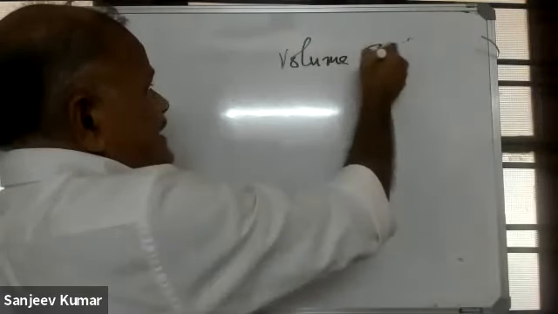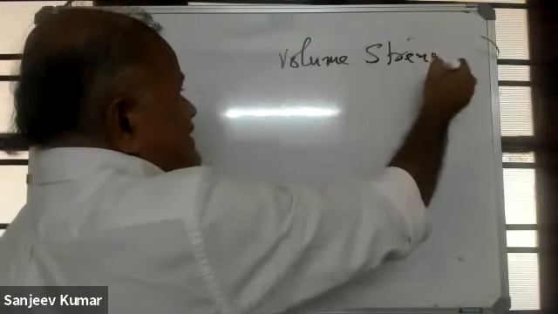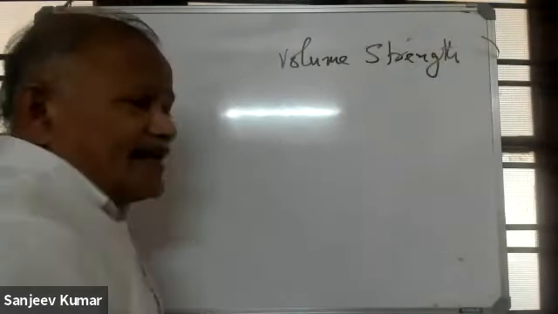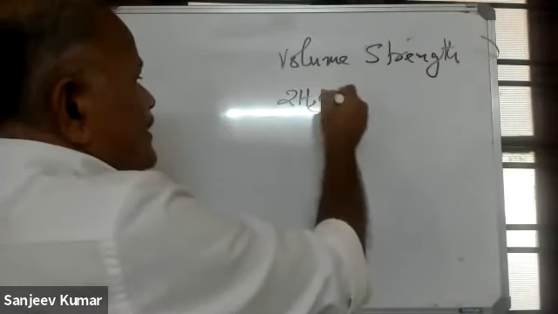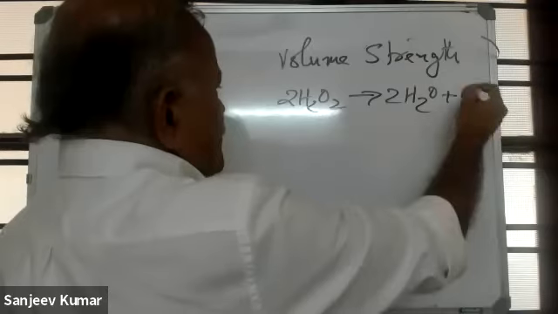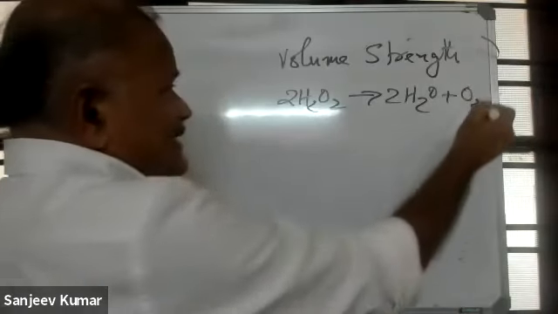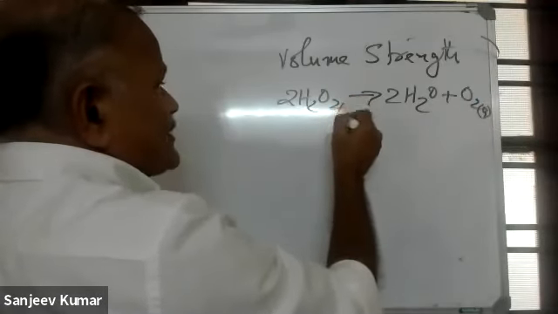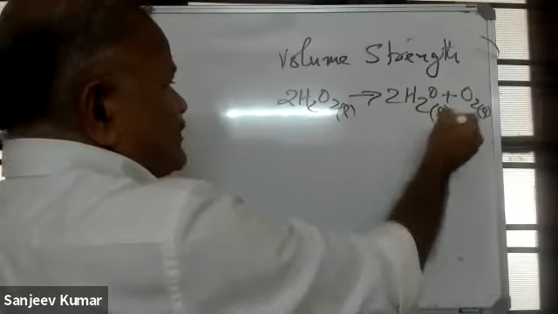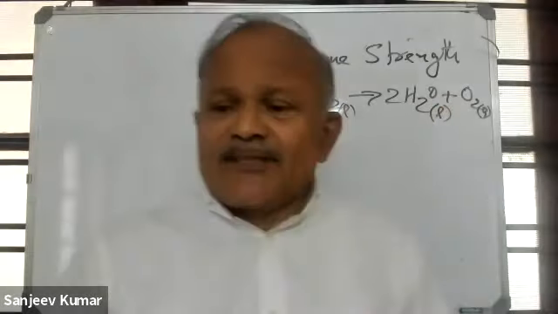Hydrogen peroxide on decomposition, 2H2O2, gives 2H2O plus O2. That is, oxygen gas is liberated by the decomposition of hydrogen peroxide.